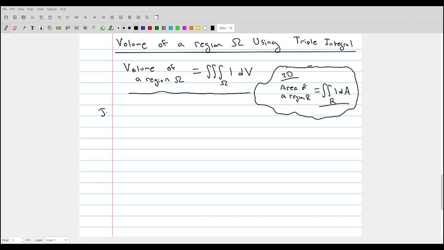The justification for this, like pretty much every other property we're going to use, comes from the Riemann sum.